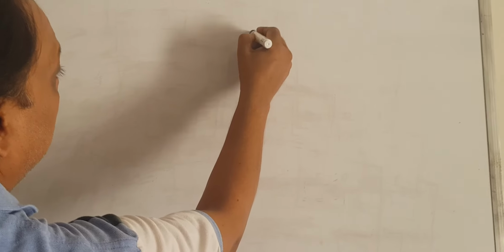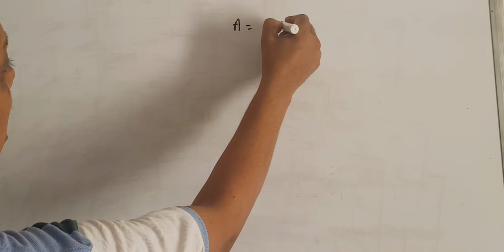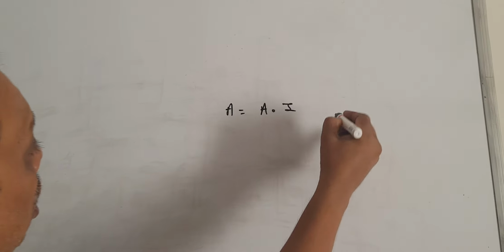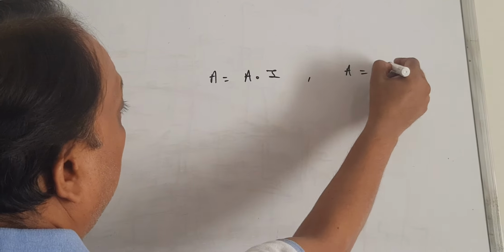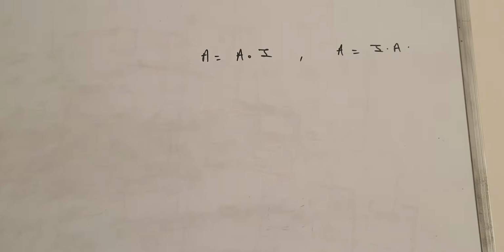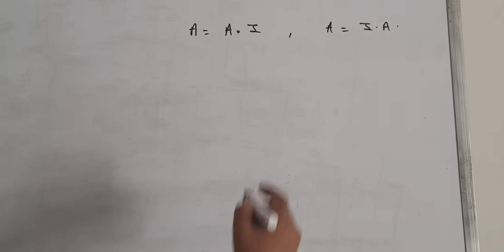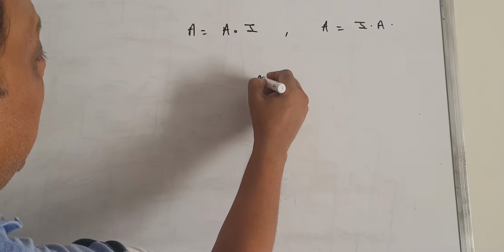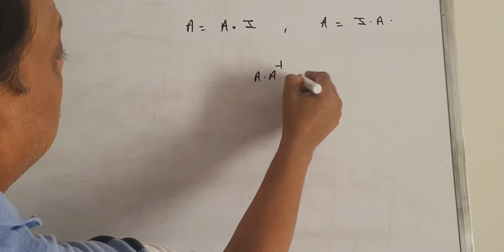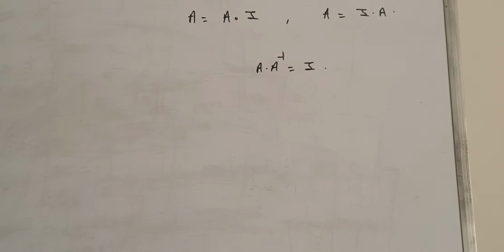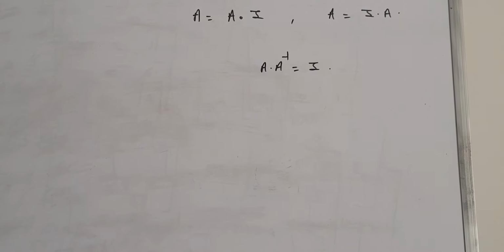You know that A is equal to A into I, or A is equal to I into A. Everyone knows this logic. Even you all know that A into A inverse is equal to I. We use this logic to obtain the inverse of the matrix.